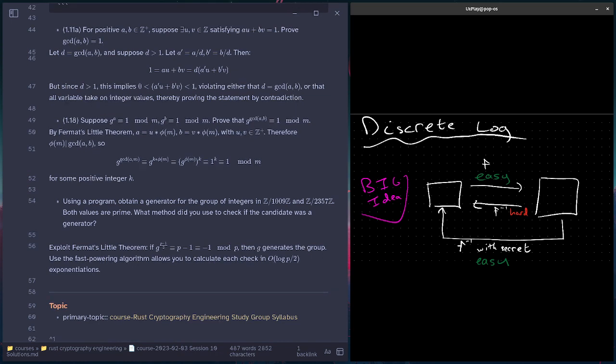For proving exercise 1.11, the proof is reasonably straightforward. It was intended to be an opportunity to practice doing a proof that wasn't particularly challenging, but demonstrates some fairly basic understanding of the extended Euclidean algorithm.